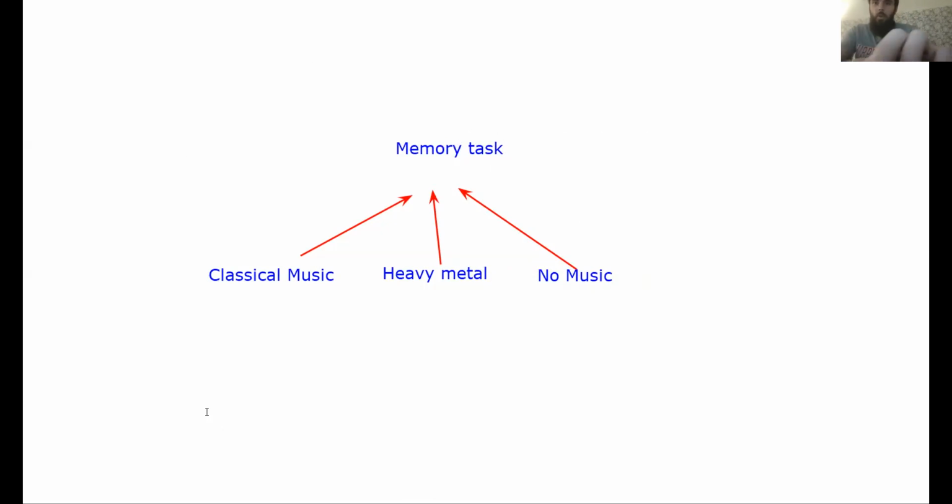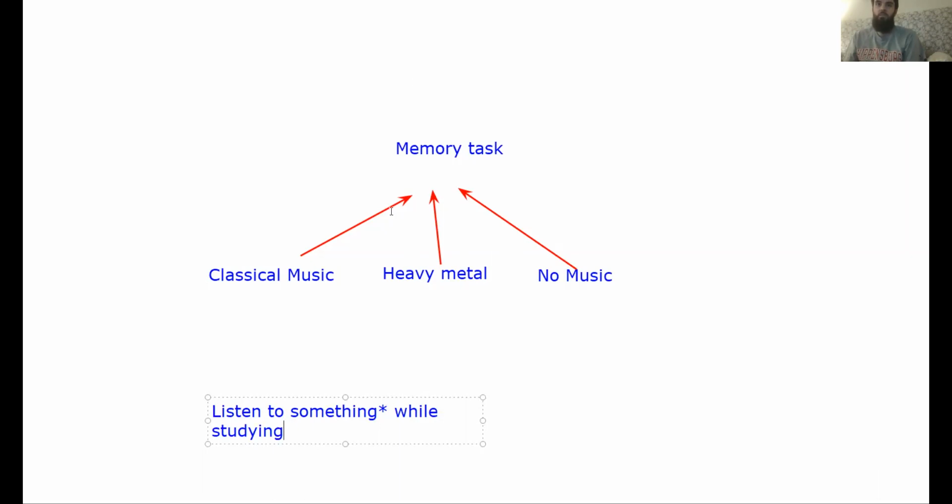So people will listen to something, and that something will be either classical music, heavy metal music, or nothing. So call it something asterisk. While studying, right? So studying a list of words. That's a pretty standard kind of experiment in cognitive psychology.